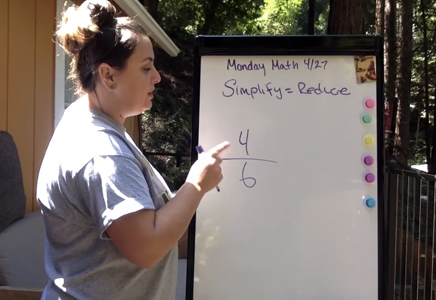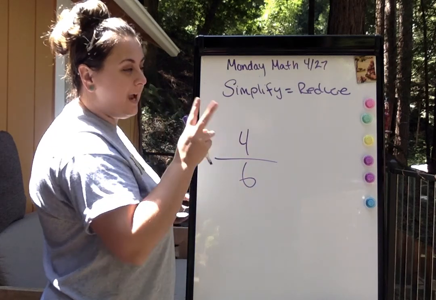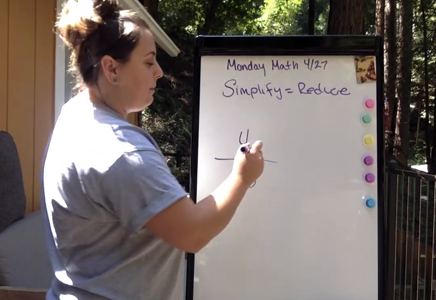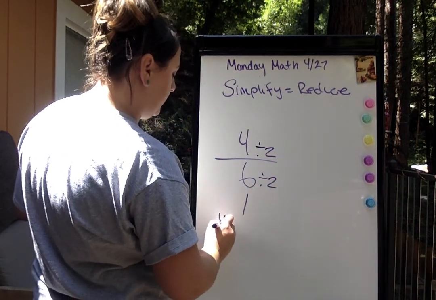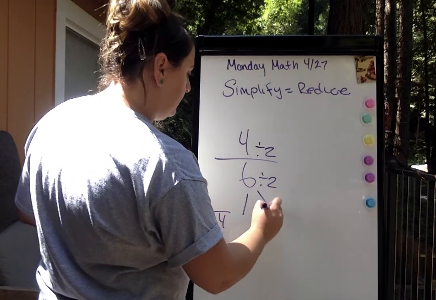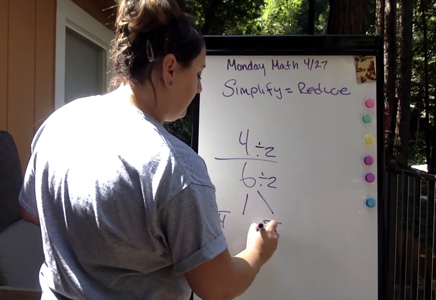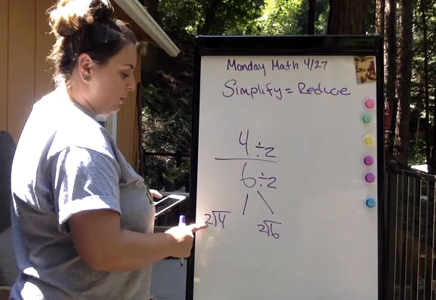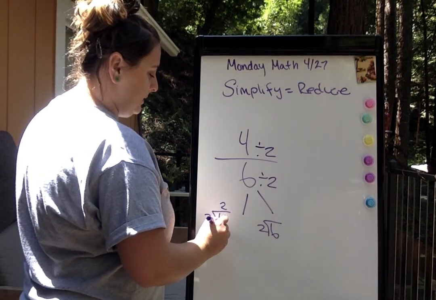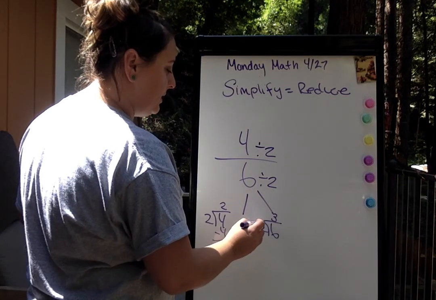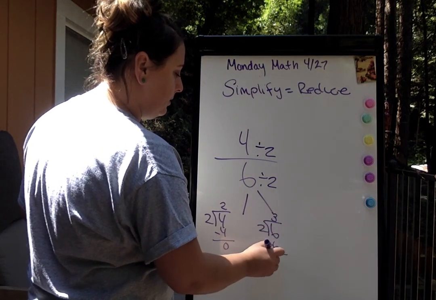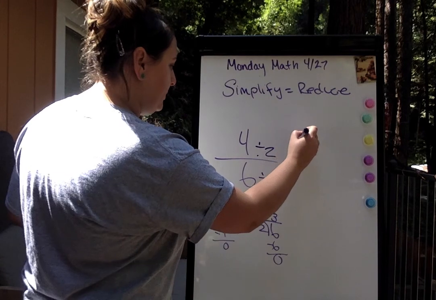So these are both even numbers, which means I know that I can at least divide them by 2. Which actually means 4 divided by 2 and 6 divided by 2. Okay? 2 goes into 4 2 times. 2 goes into 6 3 times. 2 times 3 is 6. Leaving me with 2/3.